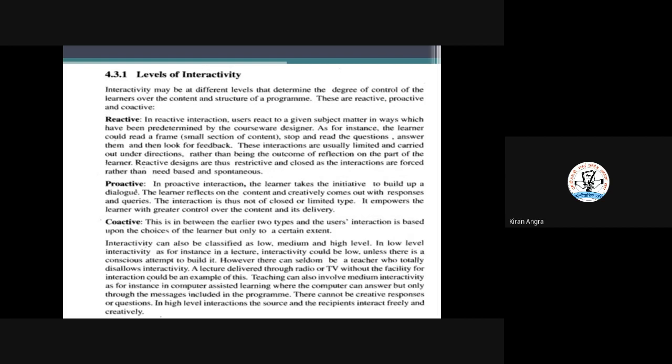So it will help more to empower the learner over the content and its delivery. So you can well understand that proactive is between reactive and coactive. So these are the example levels of interactivity.